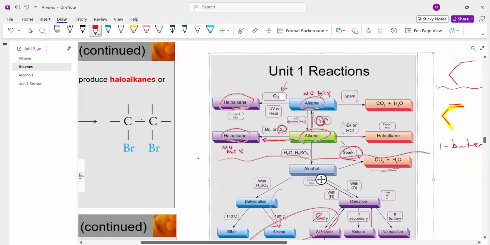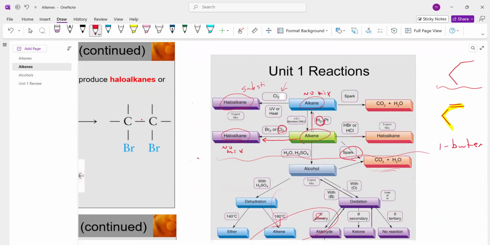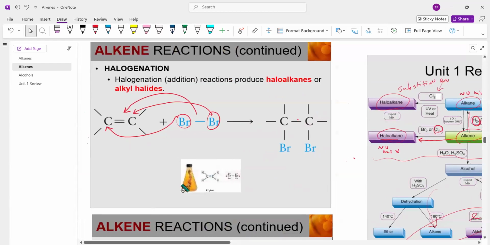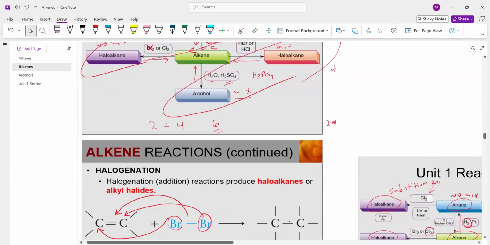Okay, so the first non-alkane reaction I'm going to talk about, oh, by the way, this reaction is called a substitution reaction. We're basically substituting a chlorine for one of the hydrogens here. In this series, we're adding to the double bond.